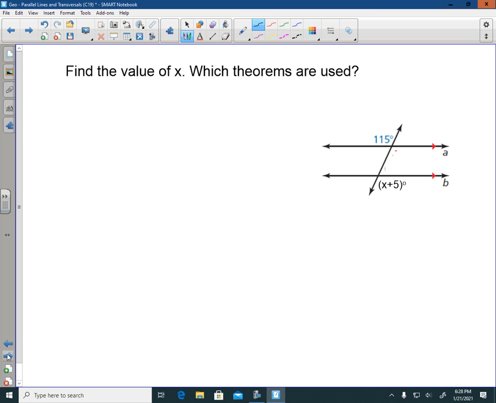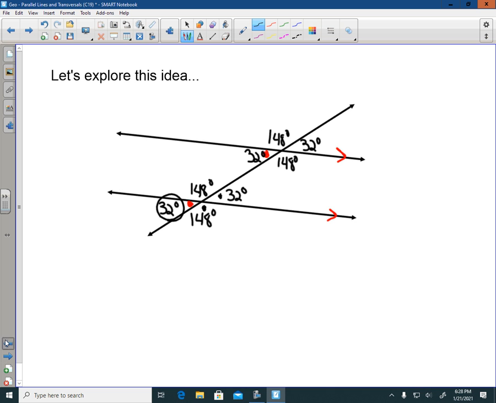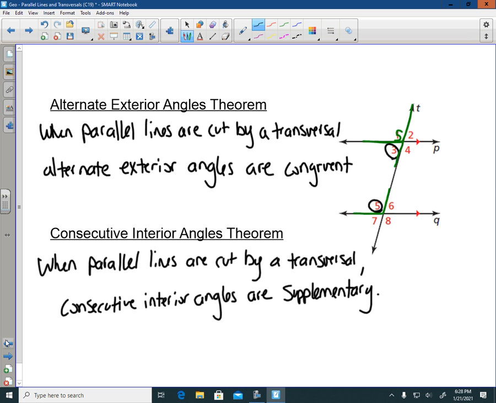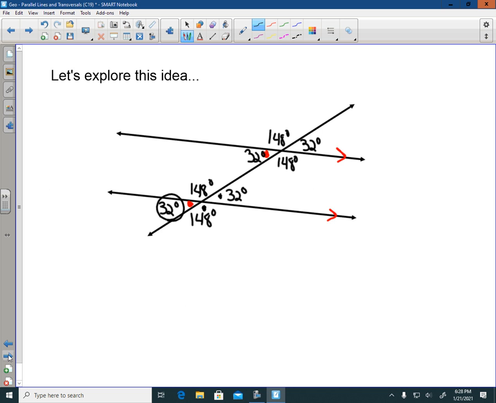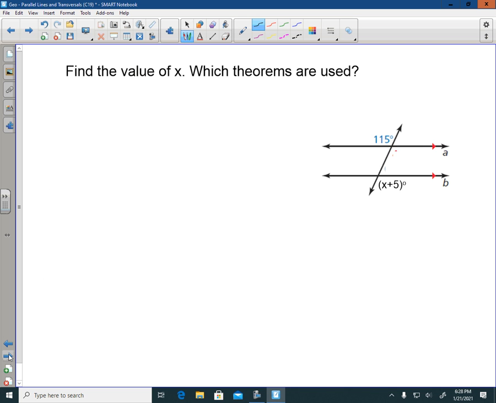And what we know from the theorem is that when parallel lines are cut by a transversal, then alternate exterior angles are congruent. In other words, they have the same measure. So I could say that this x plus 5 equals 115 because they are alternate exterior angles and alternate exterior angles are congruent.